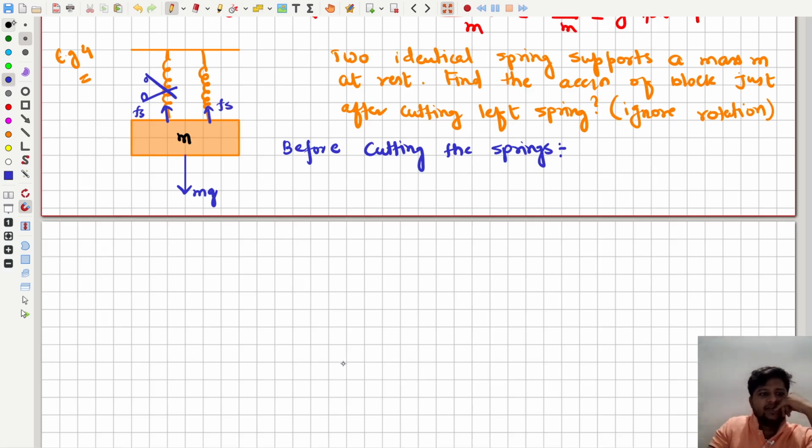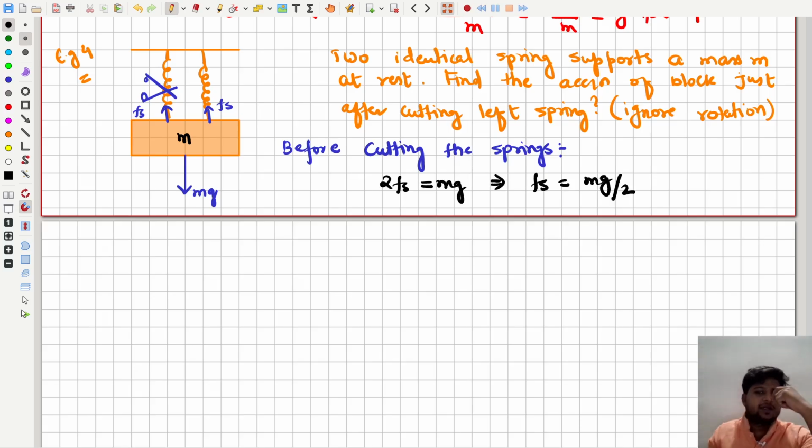So before cutting the springs, twice the spring force is exactly equal to mg, and therefore a spring force is nothing but mg by 2. Reply me, yes or no?